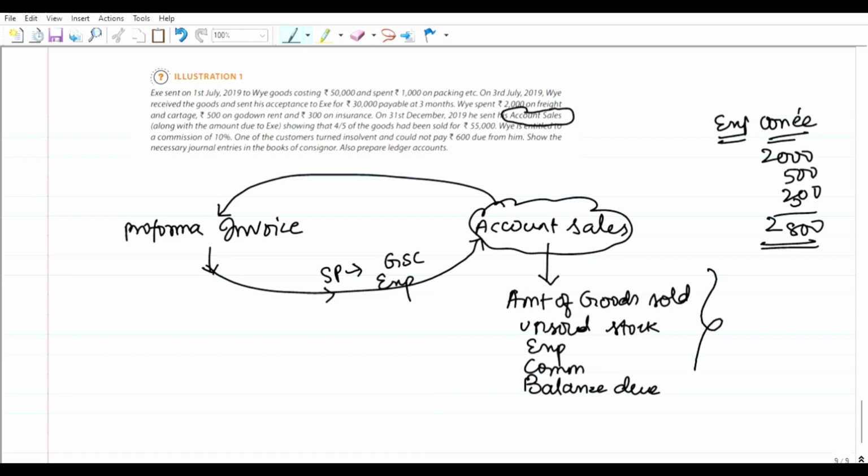These things will be there in the account sales. So this is what account sales and pro forma invoice are. In the pro forma invoice there will be the goods sent on consignment and the number of goods sent, and I think he may not state his expenditure incurred.